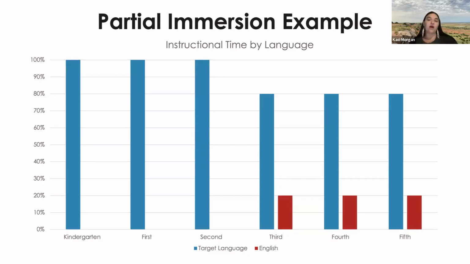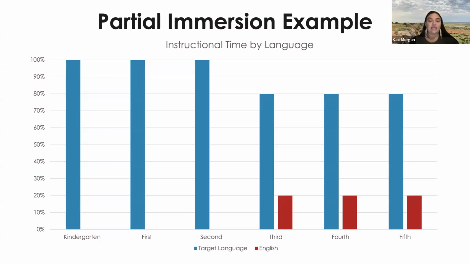This type of model where you have that exclusive immersion instruction in those foundational literacy grades is called a sequential literacy model. That helps students develop literacy in the target language, in this case the Indigenous language, before moving on to formally developing literacy in English. Like I said, in this example, the English is introduced in the 3rd grade and remains a part of instructional delivery through the upper grades.